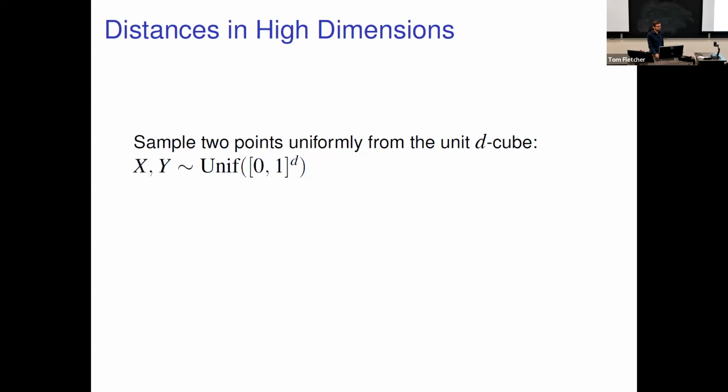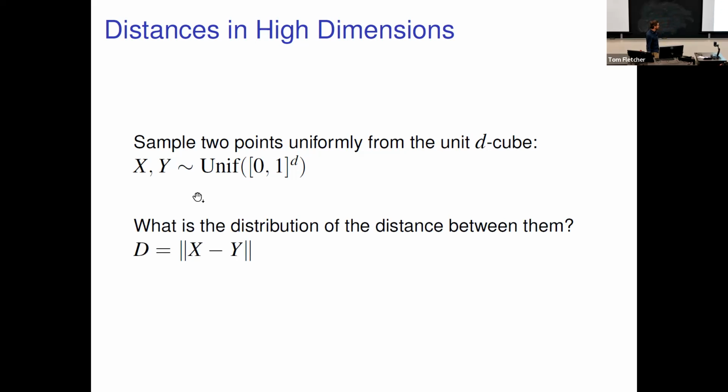Another example of some weird things. So that was volume behaving weirdly in high dimensions. We can also talk about other geometric concepts, for example, distance. So take 2 points. What's their distance? Okay, so again, I'm going to use that unit d-cube, and now we're going to sample 2 points uniformly and ask what's the distance between these 2 points.